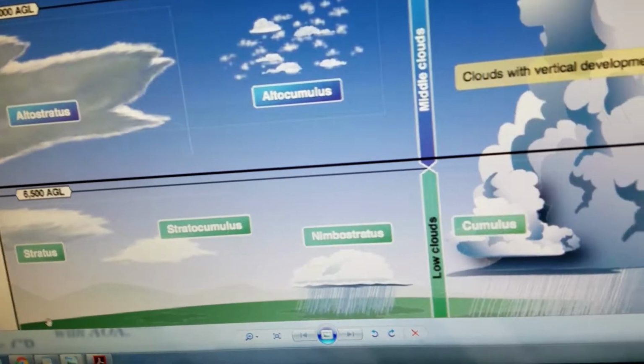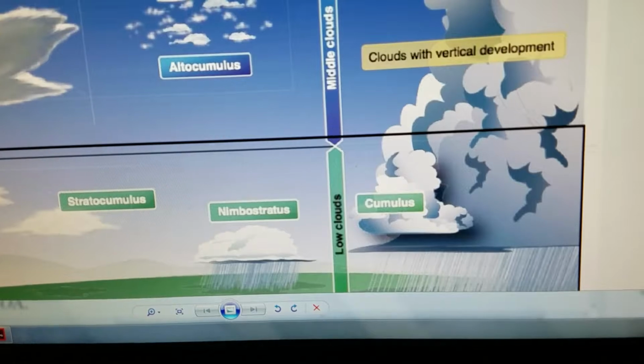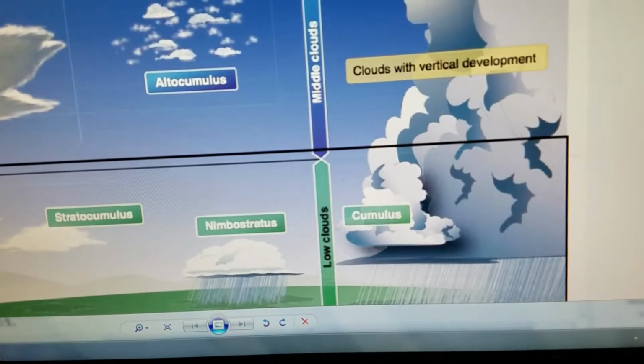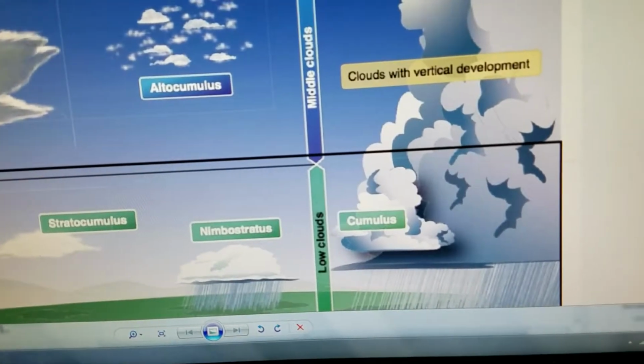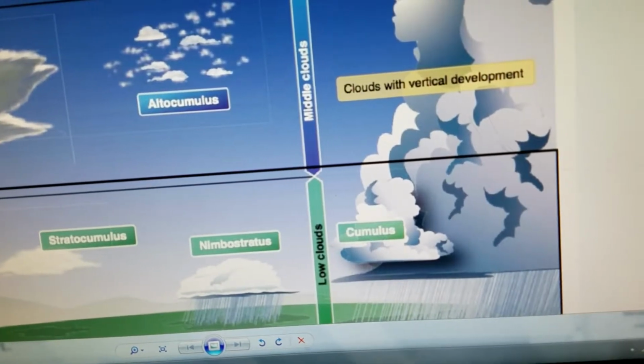Cumulonimbus, you got to remember, as soon as you hear cumulonimbus, mainly anything with nimbo or nimbus would represent some kind of precipitation. That's one of the key things you got to remember.